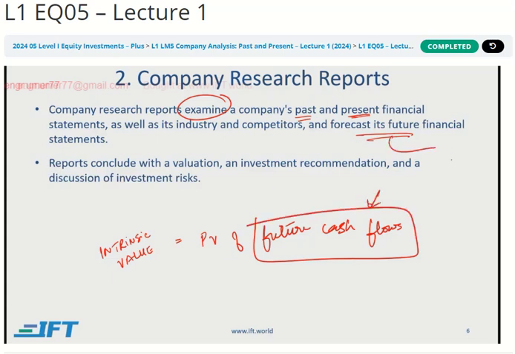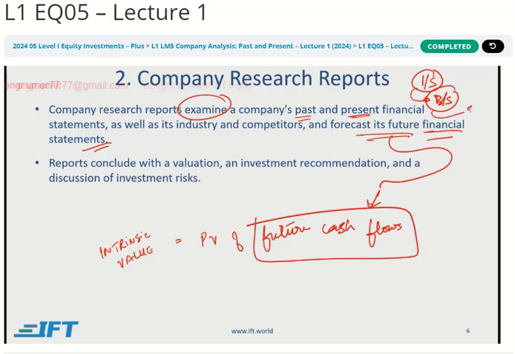So you need to forecast its future financial statements, and that's where you're going to get the future cash flows, right? First, you'll forecast the income statement, then you'll forecast the balance sheet, because based on the income statement, you'll figure out how much working capital needs will be there, how much fixed capital needs will be there, where that investment is going to come from. Then you will be able to make the forecasted balance sheet.